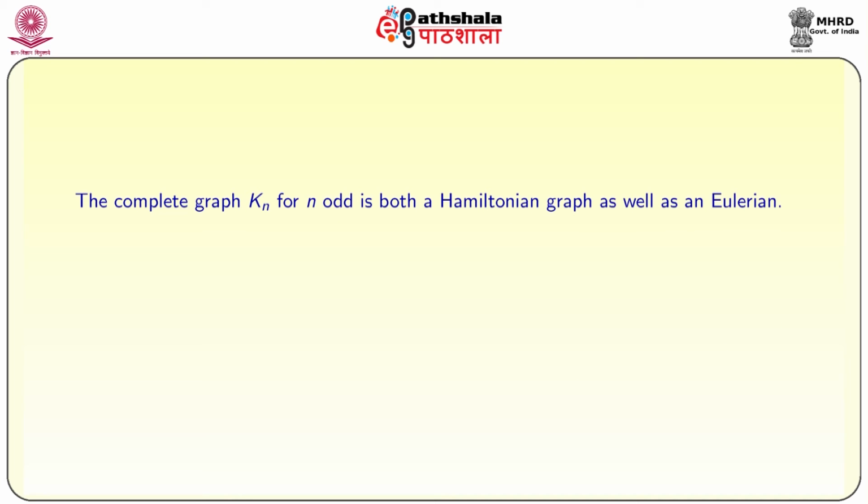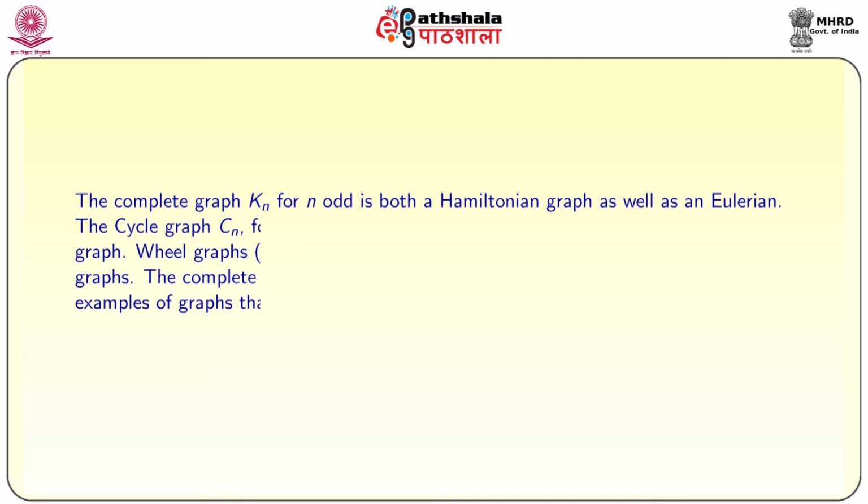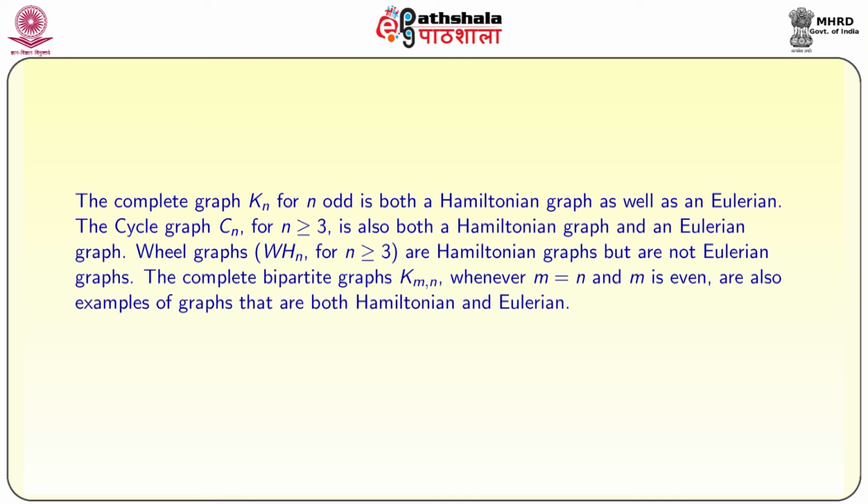The complete graph Kn for n odd is both a Hamiltonian graph as well as an Eulerian graph. The cycle graph Cn is also both Hamiltonian as well as Eulerian. The wheel graphs for n greater than or equal to 3 are Hamiltonian graphs but not Eulerian graphs.